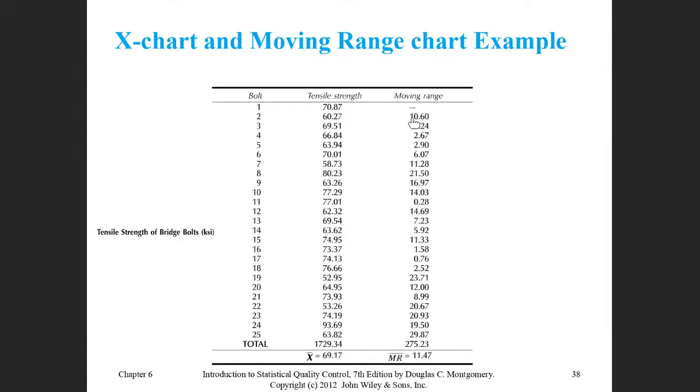Okay, because we have 24 here. Always the first one is not applicable for calculation, because we cannot do the subtraction for the first reading. We cannot subtract the first reading from any previous reading.